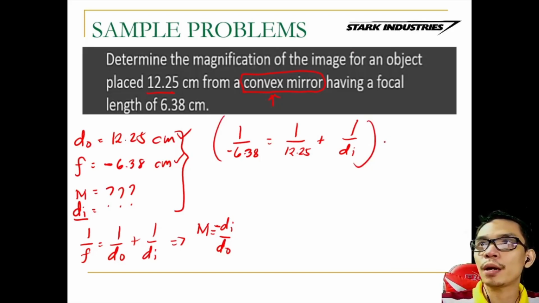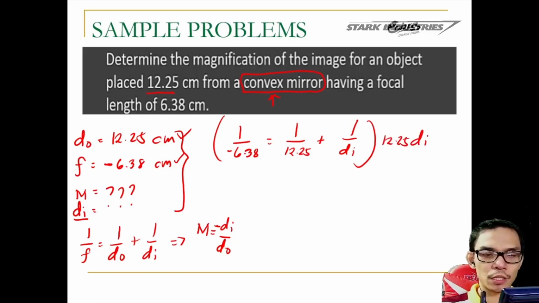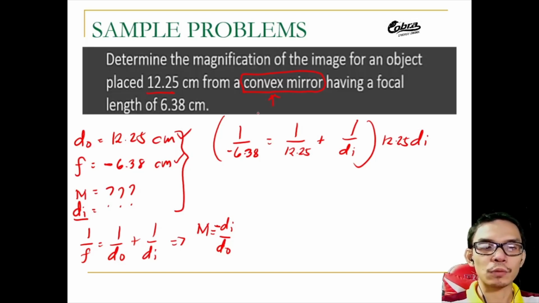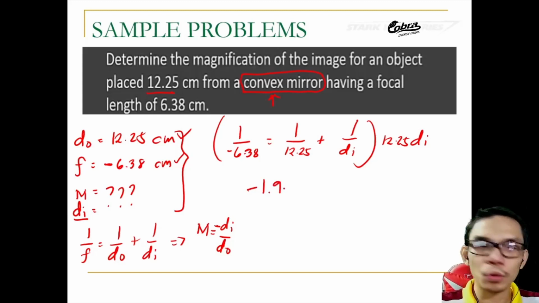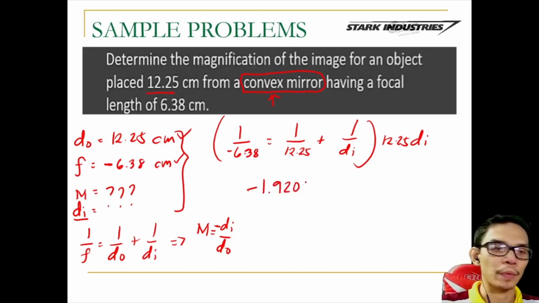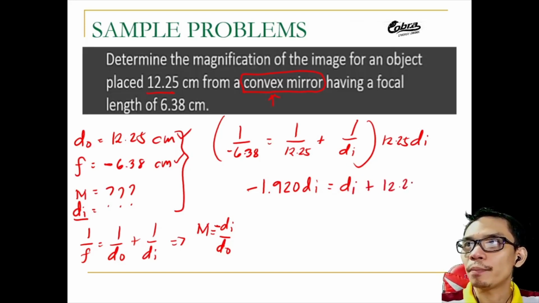So we have 12.25 d sub i. Let's start with the first term, which is 12.25 over 6.38. That will be negative 1.920, and that will be over d sub i, equal to d sub i plus 12.25.